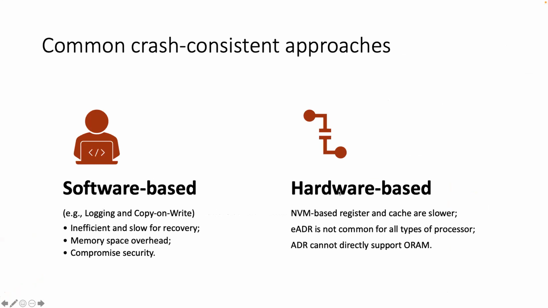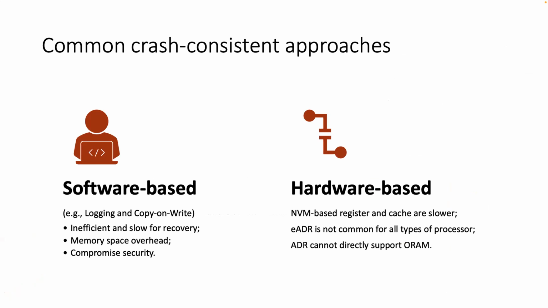So we first try to apply existing crash consistent approaches to such a scenario. However, none of those solutions can work perfectly. For example, traditional logging and copy on write will introduce a lot of memory space overhead for ORAM because it triggers many more writes compared to normal applications.